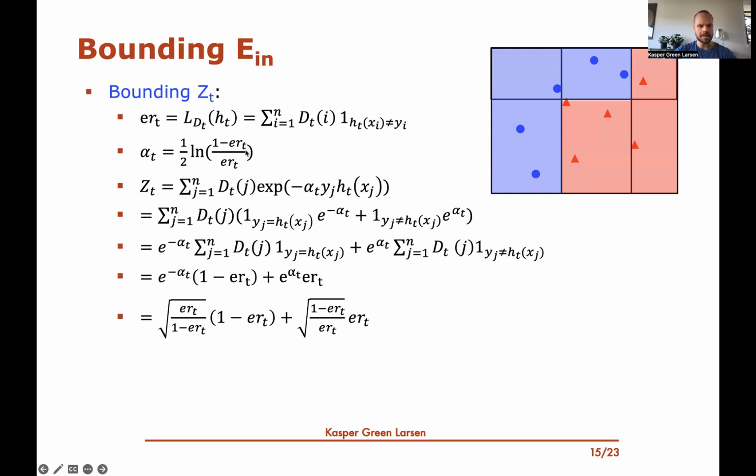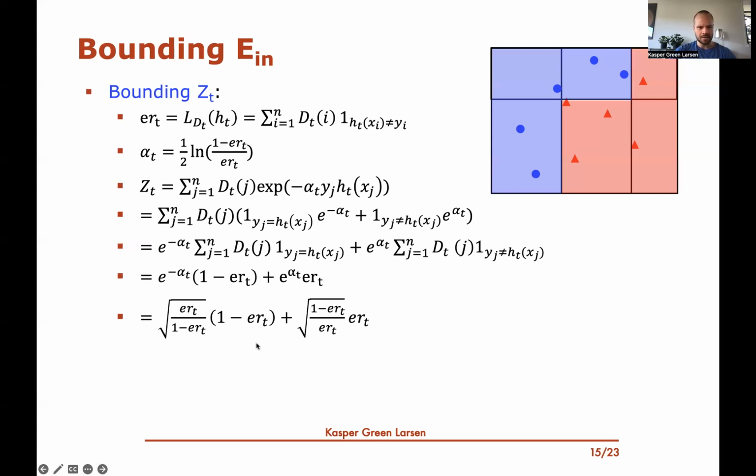So if I move the minus inside, I flip the numerator and denominator, and I get error t over 1 minus the error t. So this e to the minus alpha t becomes square root error t over 1 minus error t. The other term over here, the half becomes the square root, and here it's a little bit easier. It's just e to the alpha t, so we get 1 minus error t over the error t. So here we get root 1 minus error t over error t.